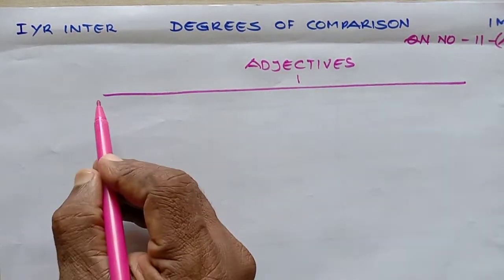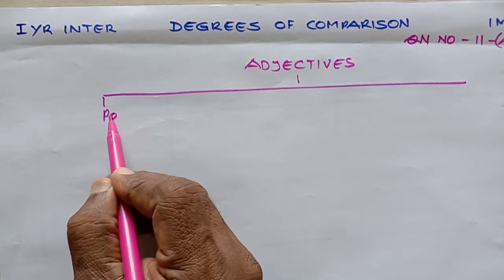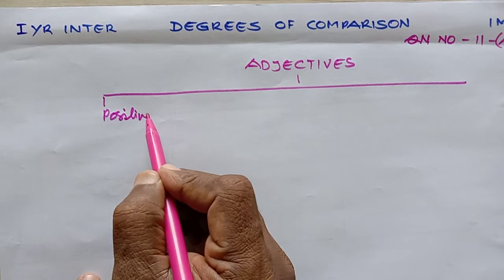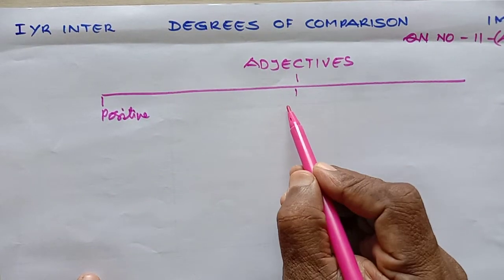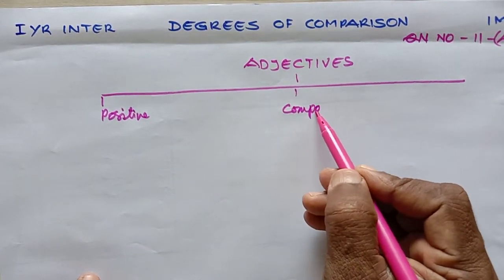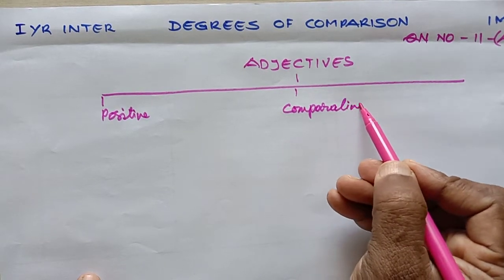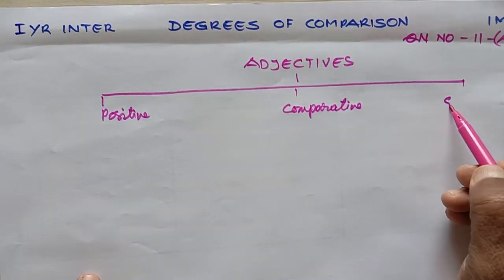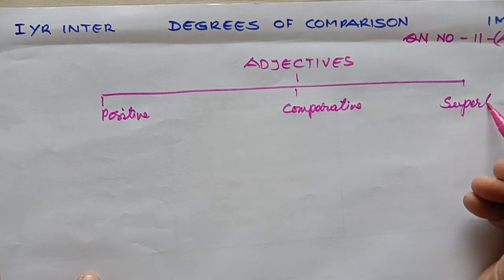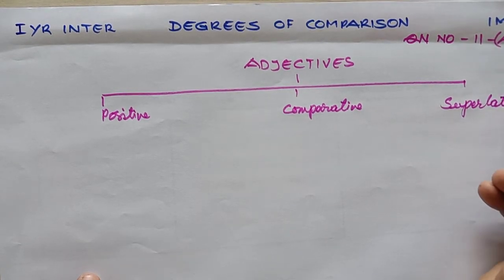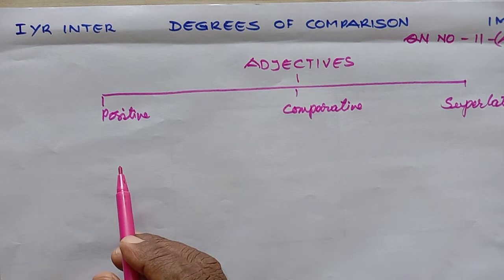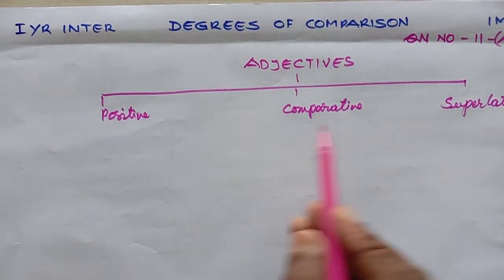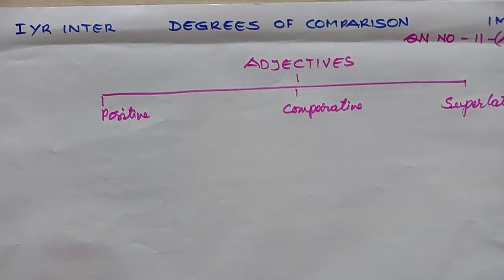One is the positive, the comparative, and the superlative. Now what is this actually? Positive means what? Comparative means what? And superlative means what? Let us try to understand that in detail in this video.